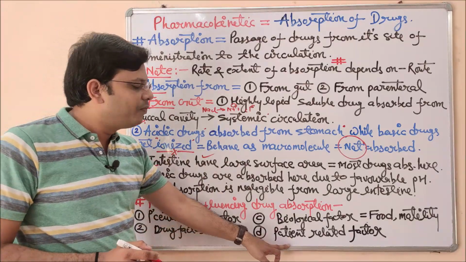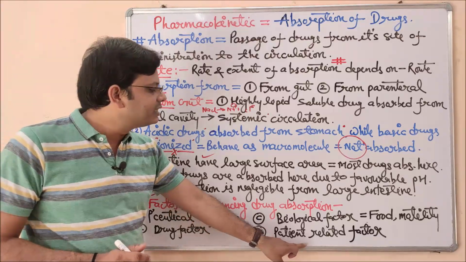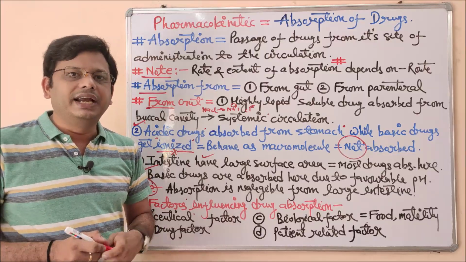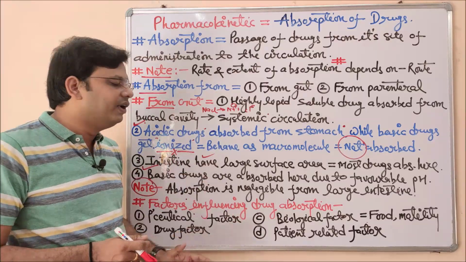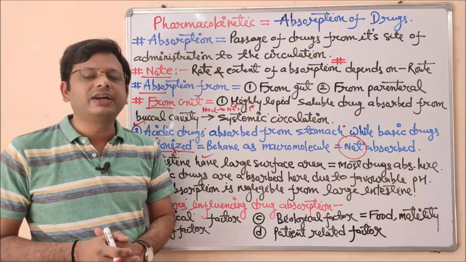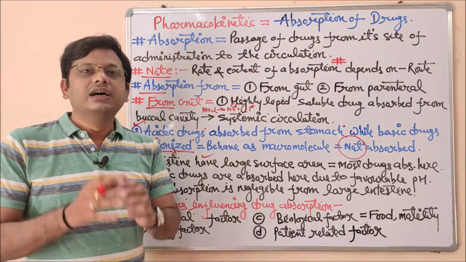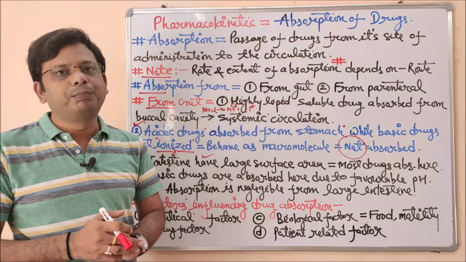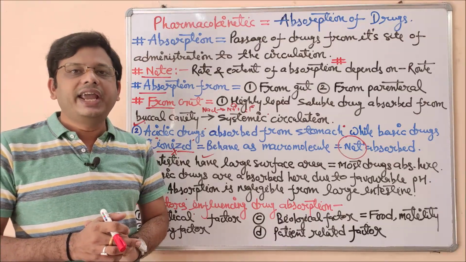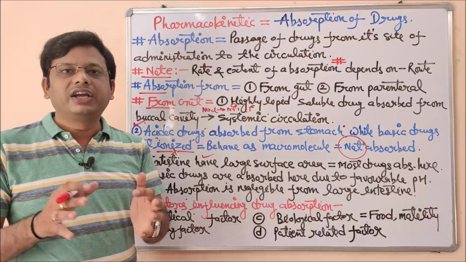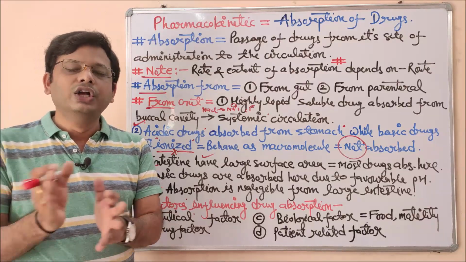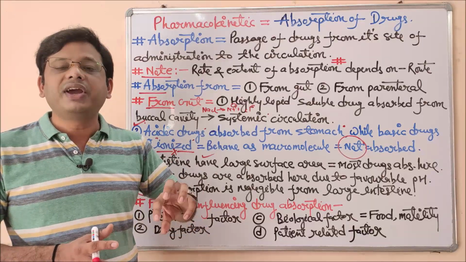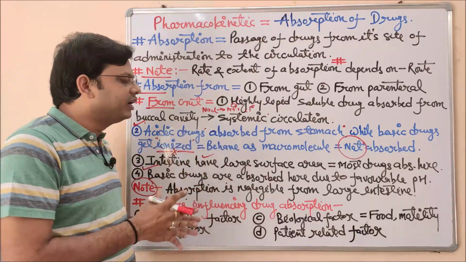Coming to the last factor which may affect drug action, the patient related factor. This is important, but it is not as important as the previous ones. What is the meaning of patient related factor? It is a factor which is directly related to the patient. Suppose I have to take a diuretic, but my kidney is not functioning properly, that may cause a problem.